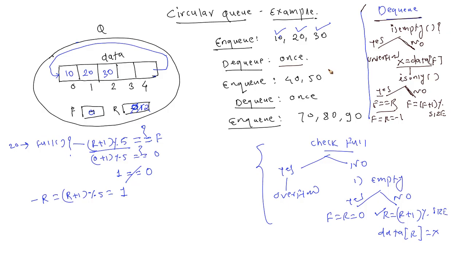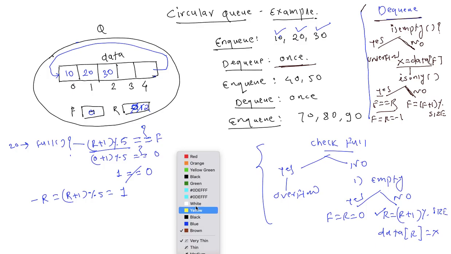They are similar to the two ends of a real life queue, the front end and the rear end, right? In a real life queue also, people enter the queue from the rear end and they are removed from the queue from the front end, right? So that's why DQ means F, front, and NQ means rear. Now let's perform this DQ operation.